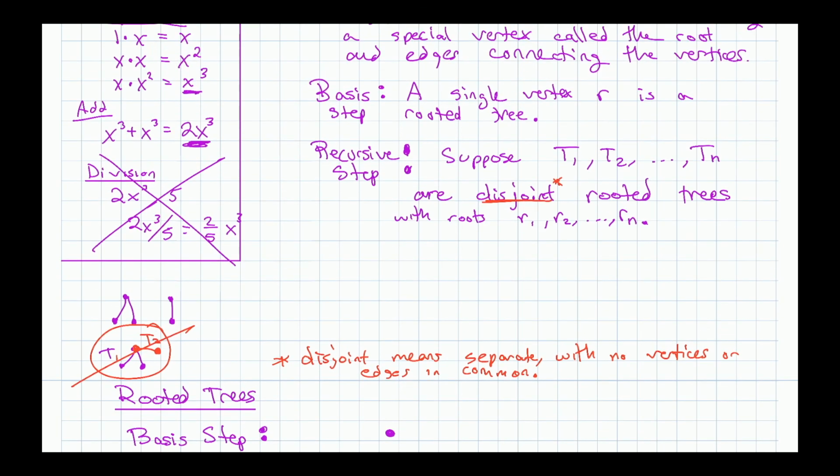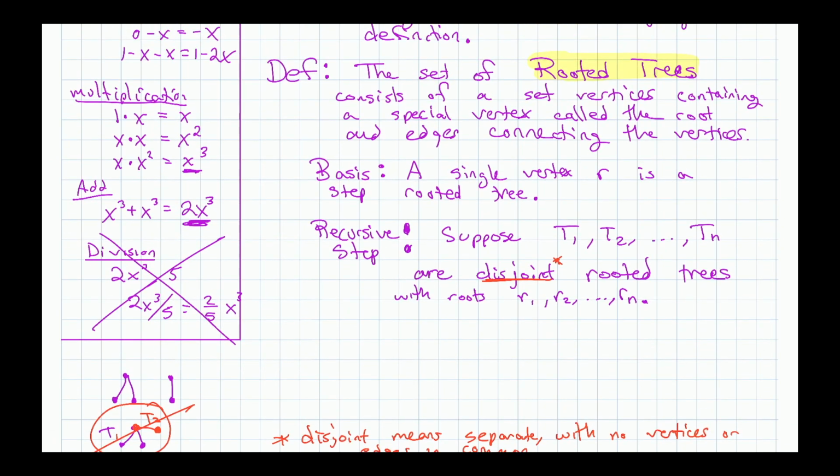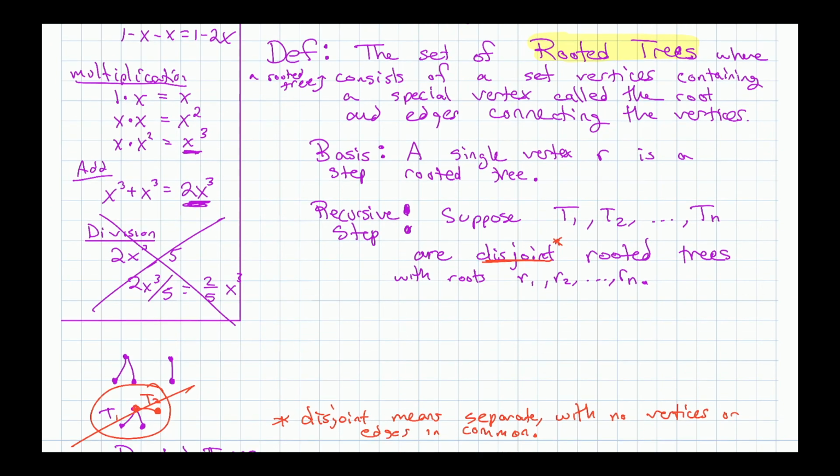according to what I said before I wrote the definition down, the set of rooted trees consists of, where a rooted tree consists of a set of vertices containing a special vertex called the root.